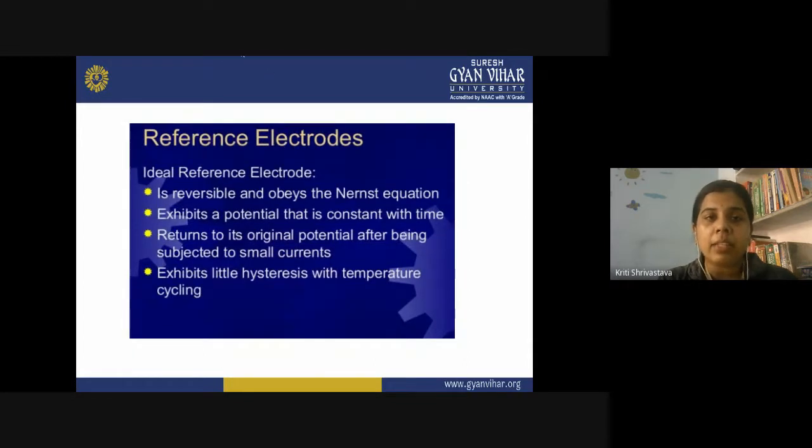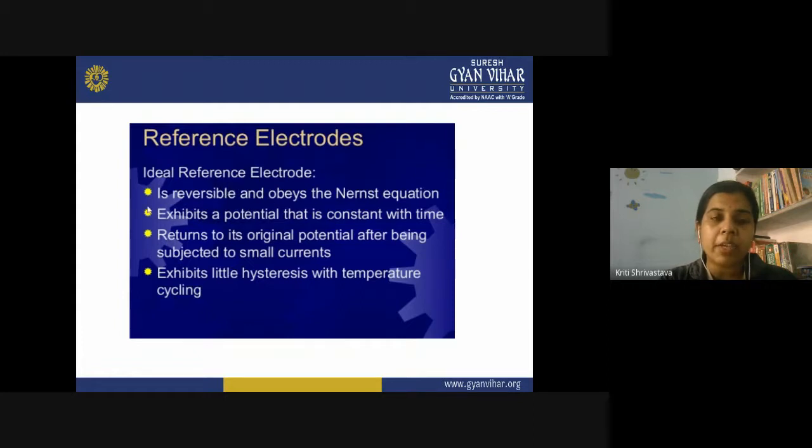Now, what are the characteristics of an ideal reference electrode? First point: it is reversible and obeys the Nernst equation. Reversible means it can behave in both directions.